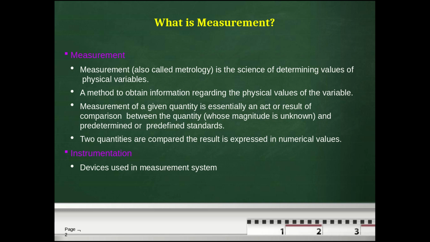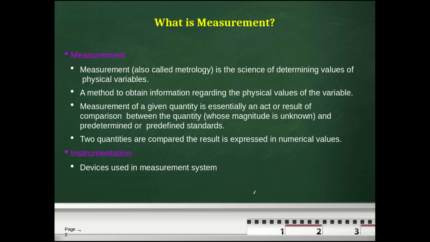And how can I measure this? I measure it using some instrument, a device used to measure this physical value. Of course, there are various types of devices corresponding to various physical variables around us. The result is expressed in a numerical value.